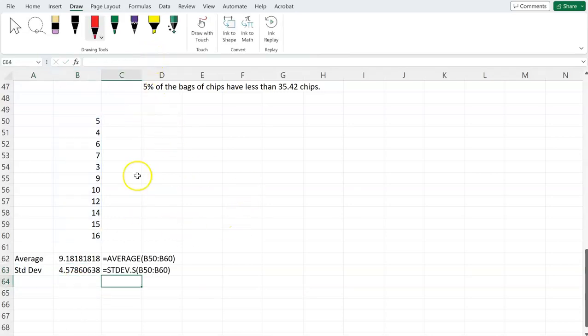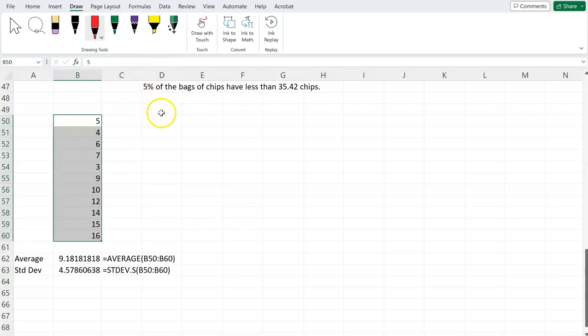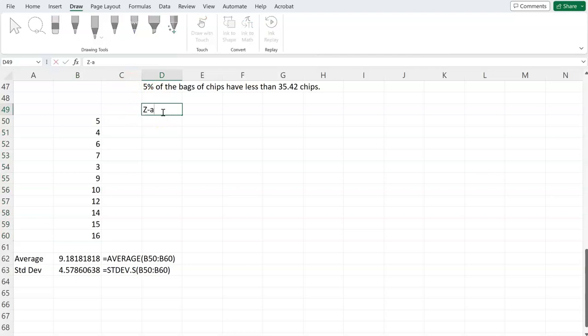So here, if I were to find out whether this is normally distributed, one thing we would do is calculate the z-values. We have done z-values before in a different video. The formula is z equals x minus mu divided by sigma.